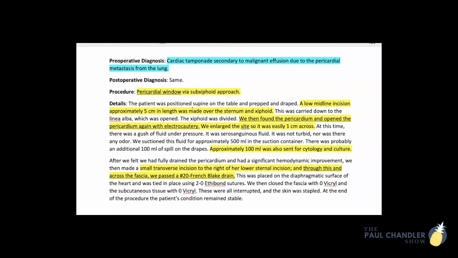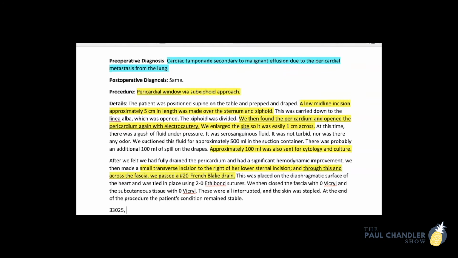So with what I have highlighted yellow, but then underlined pericardial window, we then found the pericardium and opened the pericardium again with electrocautery. And then the phrase through this and across the fascia, we passed a number 20 French Blake drain. That validates CPT code 33025 as the correct code.